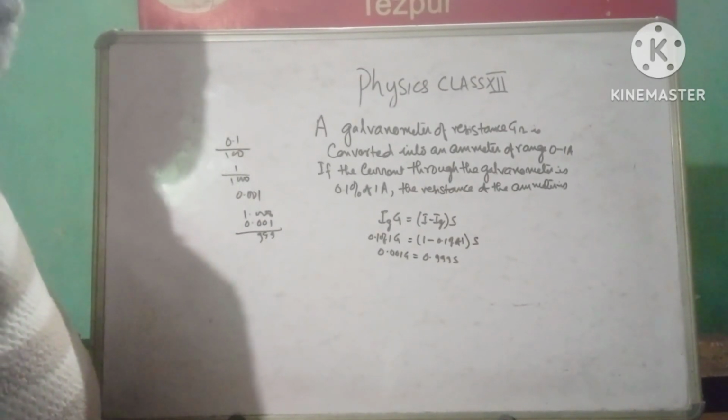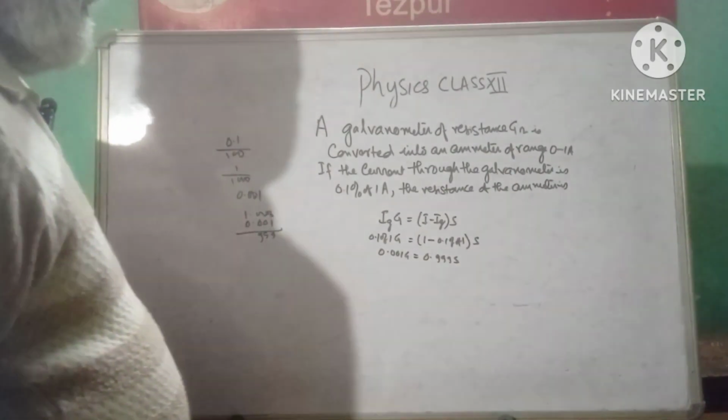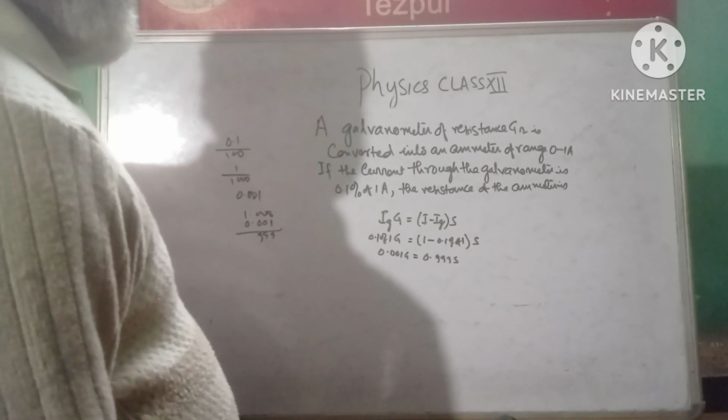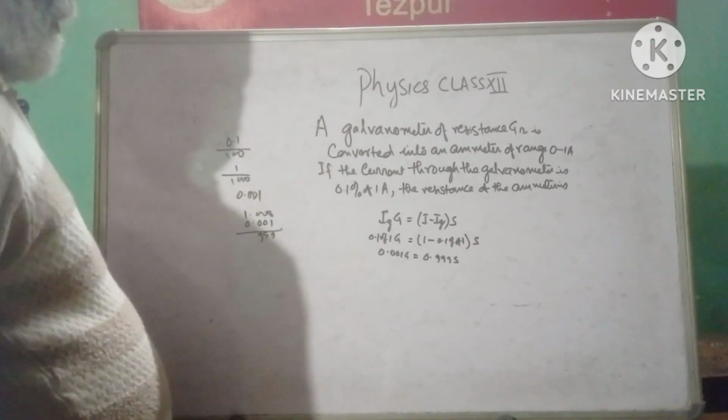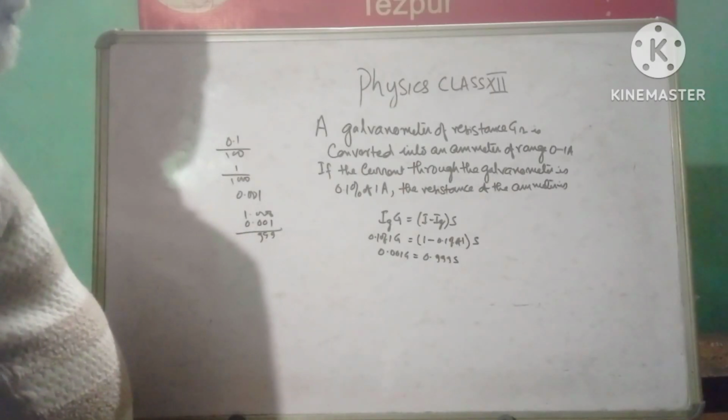So now we have to find the resistance of the ammeter. We know that your shunt resistance is connected in parallel with the galvanometer to make it an ammeter.